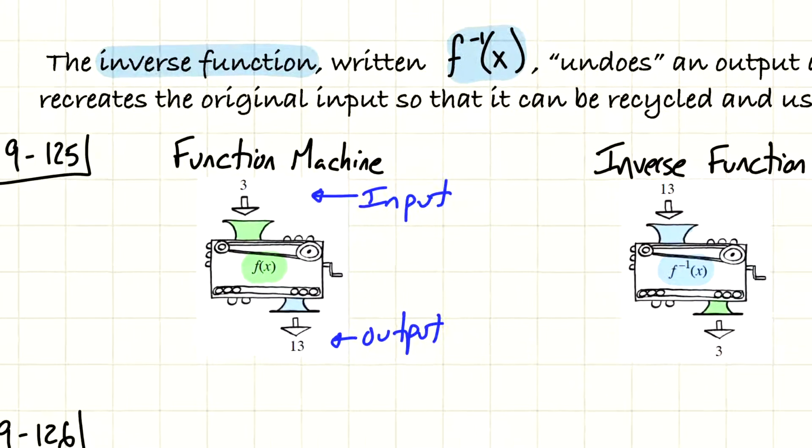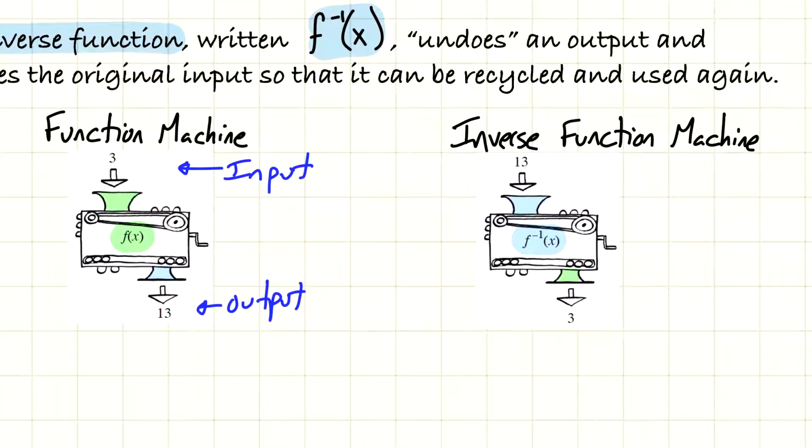Now, when we look at the inverse function machine, you'll notice at the top there's a 13. Well, the 13 was the output. So the reality is that this output now becomes the input, and once the inverse function machine does its calculations, it's going to do things in the reverse order.